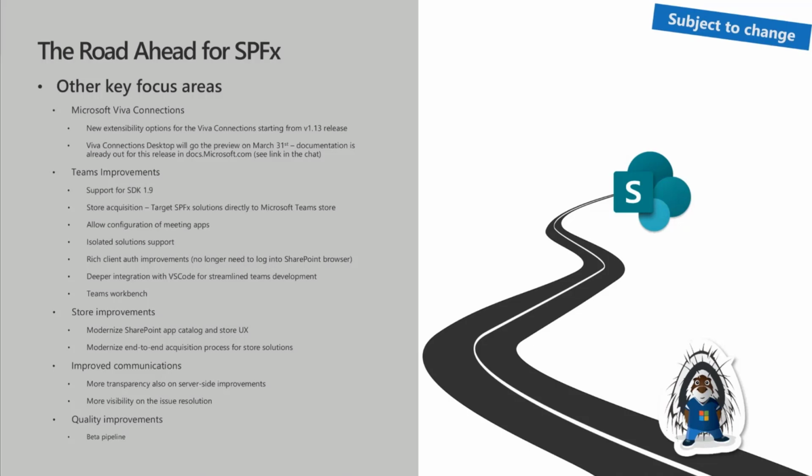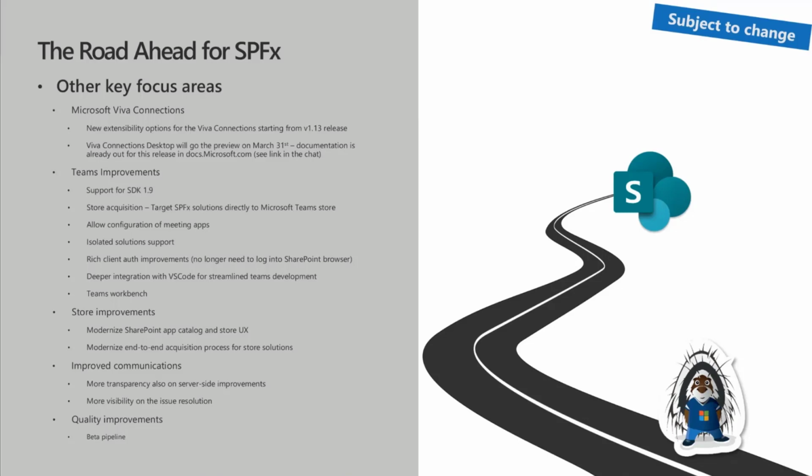And then some specific developer improvements: a workbench that works in Teams so that you don't need to go through the whole song and dance of deploying your stuff into SharePoint and then syncing it to Teams before you can use it. As well as working with a team that is building deeper VS Code integration for Teams development, F5 deployment, and that sort of thing, so that the SPFx model is as good during that flow as the Azure model is.